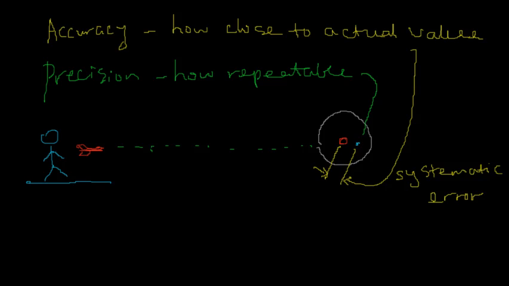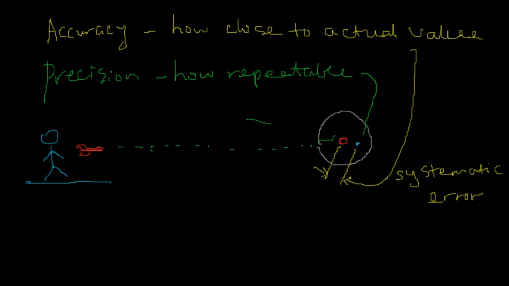Now, the random error happens because in reality, we would expect that he would not really hit exactly the same spot down here. Right? He would not always hit exactly the same spot.